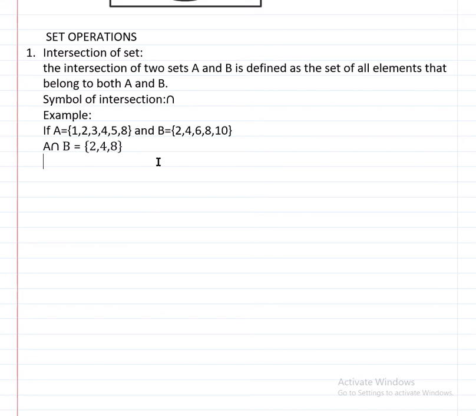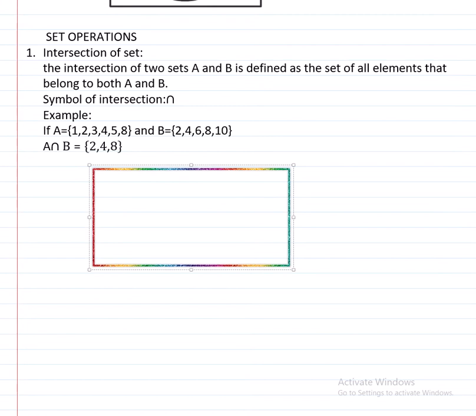Let's represent A intersection B on the Venn diagram.